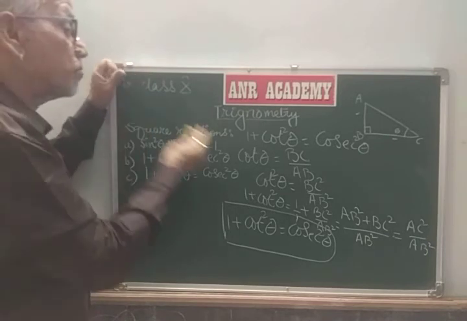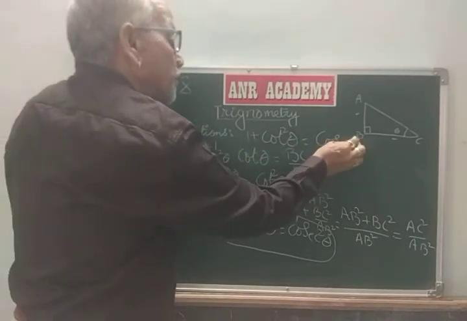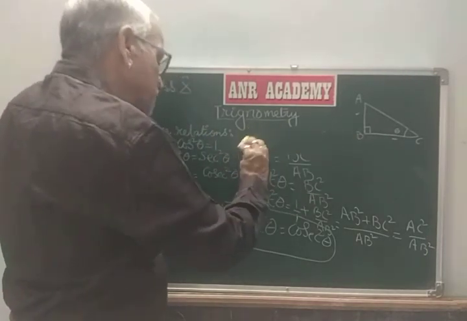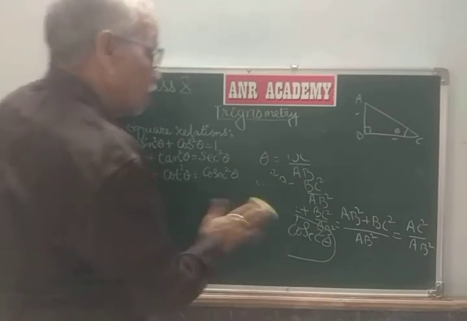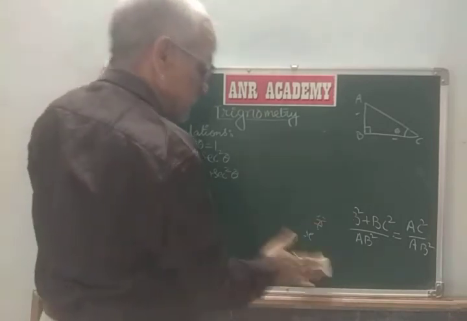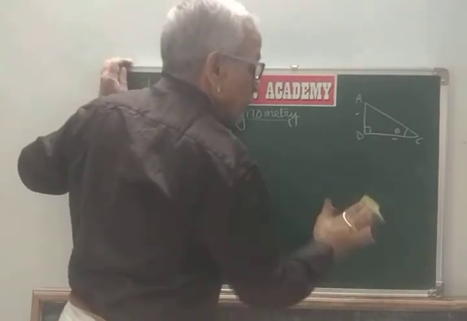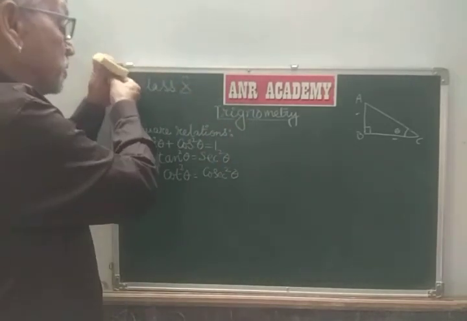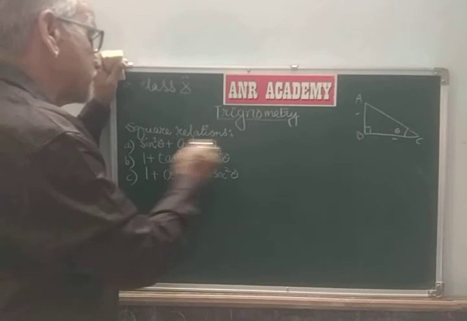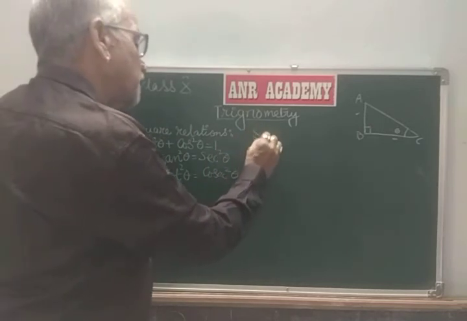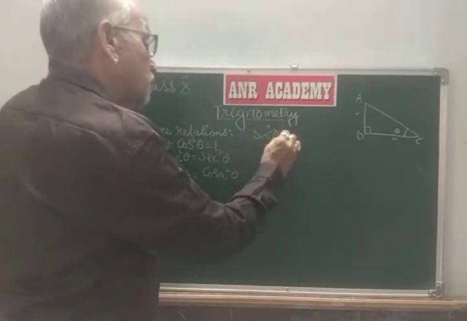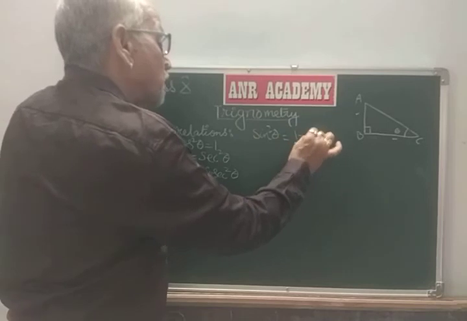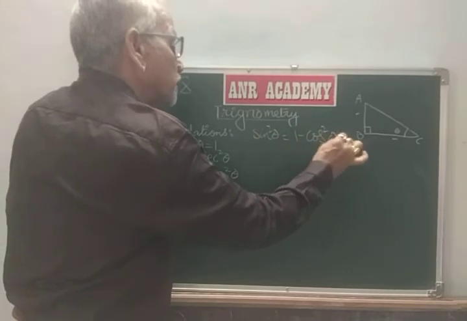From these square relations, we can deduce some other relations also. From this, sin square theta is equal to 1 minus cos square theta.